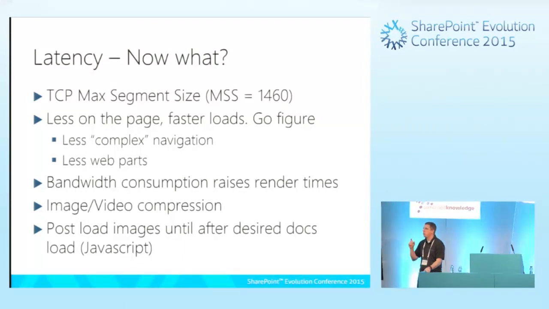One thing that people don't always think about is how many nested navigation nodes they choose to show, right? This is the number one killer of most SharePoint site performance when it's localized to just a page or maybe a subsite. It's very easy to check that box to say, yes, I want to see more drop-downs in my navigation.